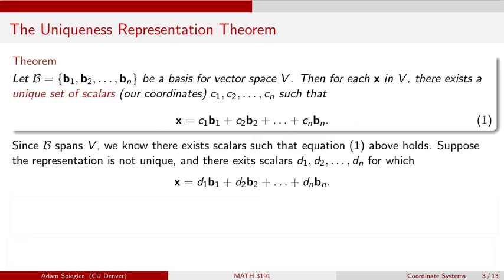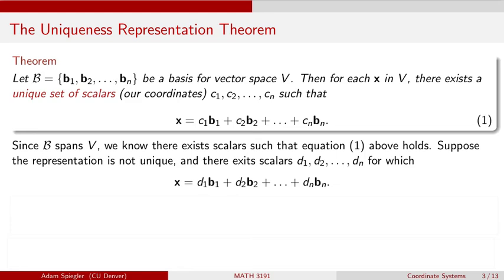But let's suppose that that representation is not unique. So let's assume that there exists some other set of scalars or coordinates that we'll call d1, d2, up to dn, so that using those scalars and combining the same basis vectors gives us this same element x back. And so let's see why this would be problematic.